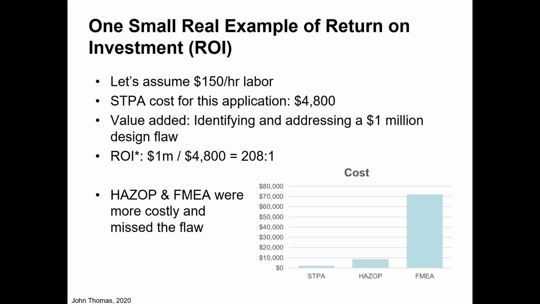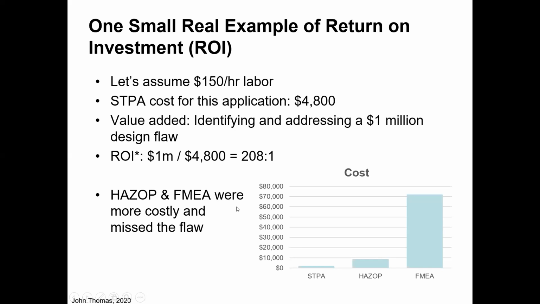Here's one small real example of an experiment we were involved in. People were doing an STPA analysis on a system that had used HAZOP and FMEA on it. So let's assume it's about $150 per hour labor. The STPA cost for this application was $4,800, but it identified a $1 million design flaw.